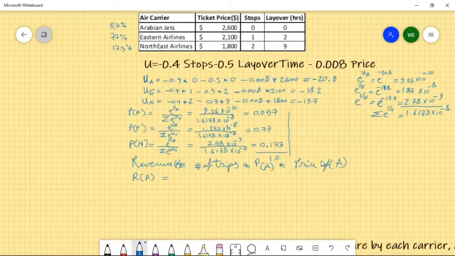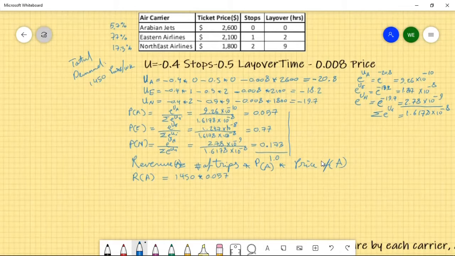So here we have 1450, and out of those 1450 we have only 0.057, 5.7% will be boarding on Arabian jets.